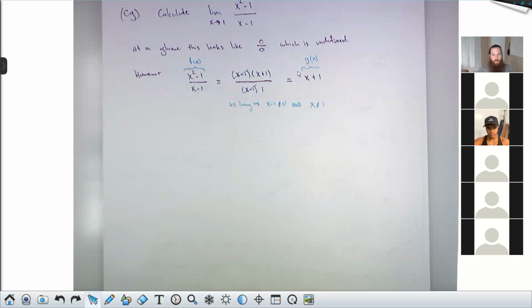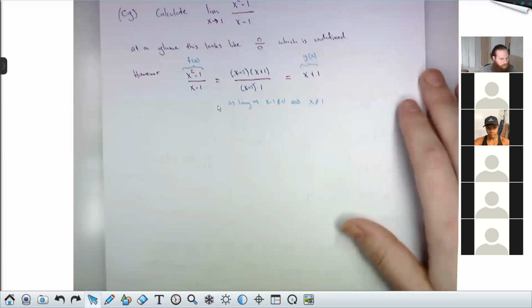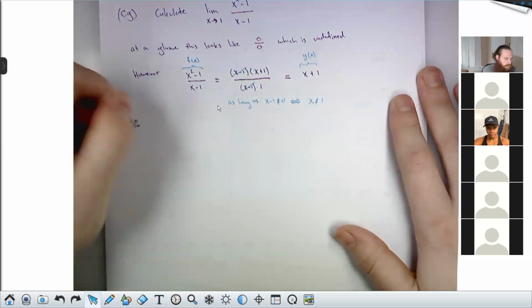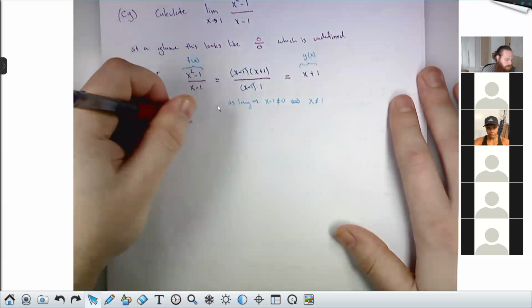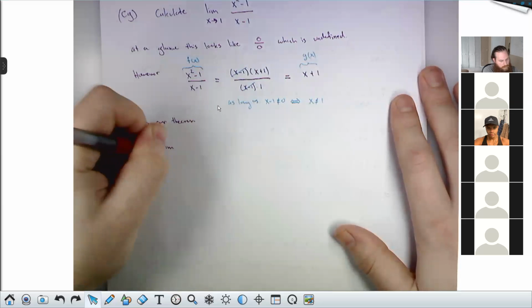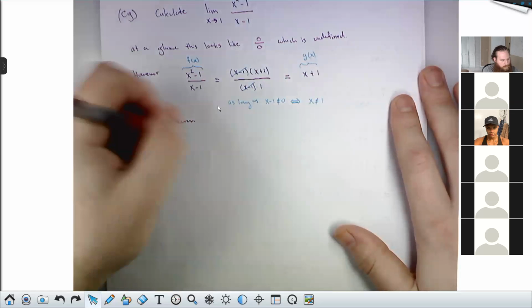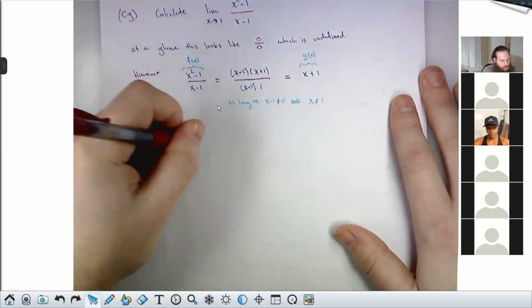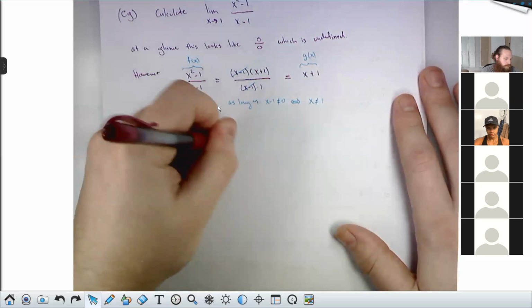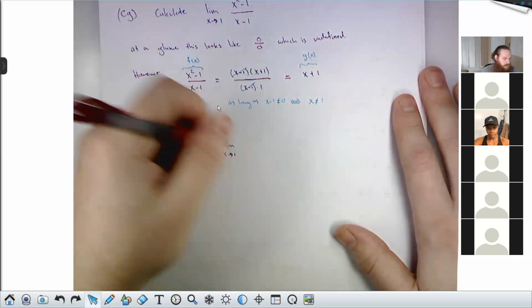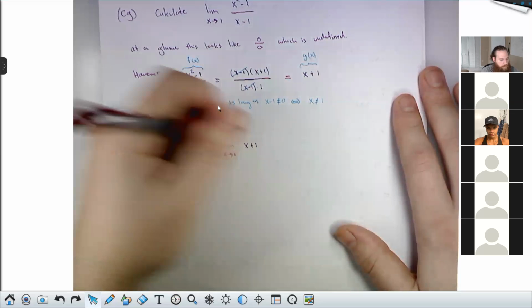In other words, everywhere except at x equals 1, these functions are equal to each other. So by our theorem, the limit as x approaches 1 of x squared minus 1 over x minus 1 is equal to the limit as x approaches 1 of x plus 1.